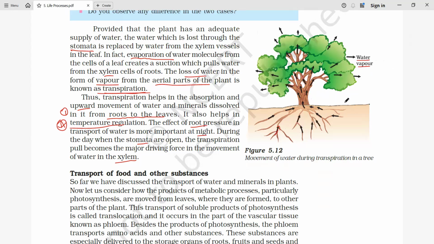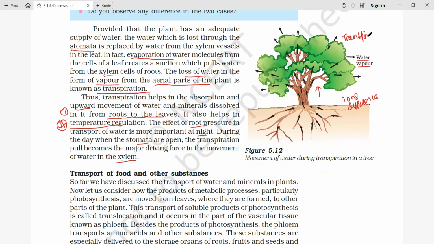So here, since there is an ion difference between the root and the soil, due to that difference, as well as the pressure, water is going to be lost by the plant in the form of vapor. So that process is called, what is the process?